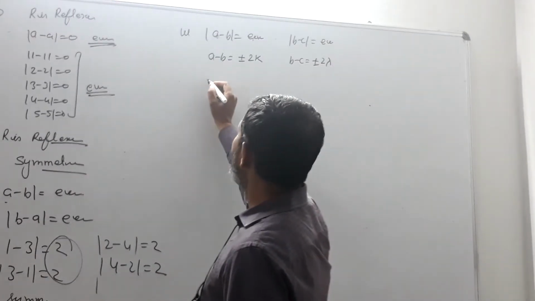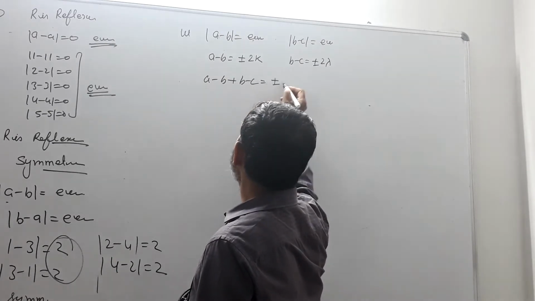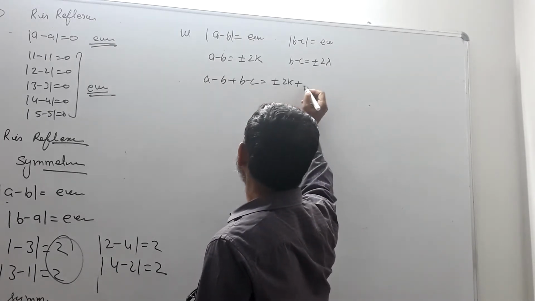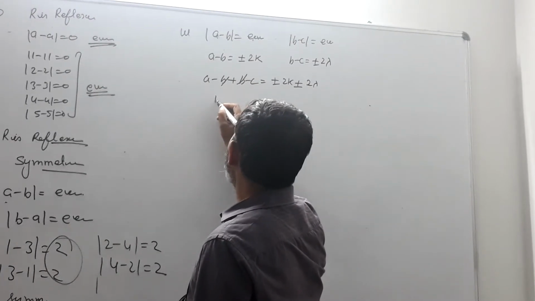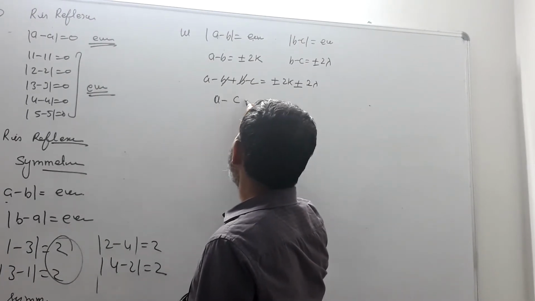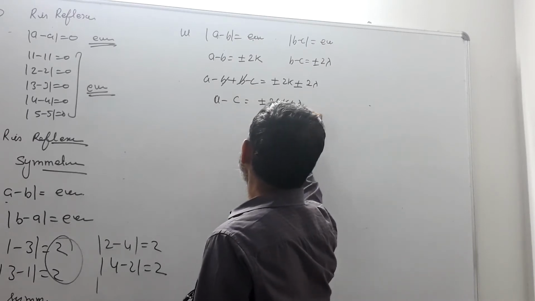Again adding these two, A minus B plus B minus C equals plus or minus 2 times K plus or minus 2 times lambda. B cancels with B. Therefore, A minus C equals plus or minus twice K plus lambda.